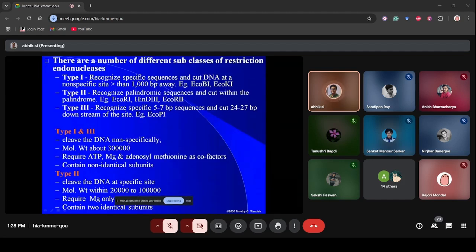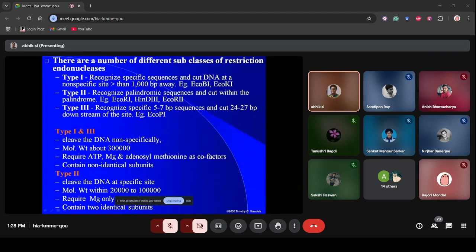So if I keep type 1 and 3 together and type 2 separate, then 1 and 3 cleave the DNA non-specifically. Cleave non-specifically means they recognize a specific sequence, like GAATTC, which I have mentioned, but they cut somewhere else, not within that sequence.